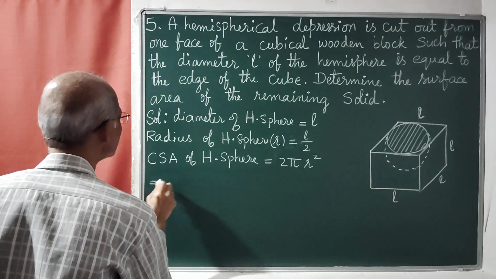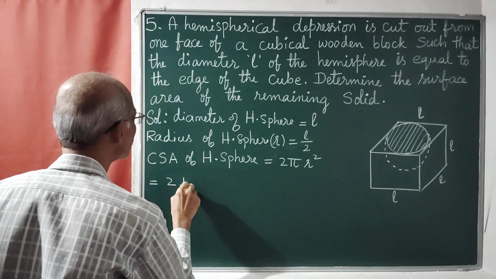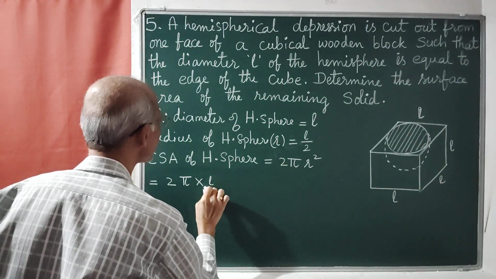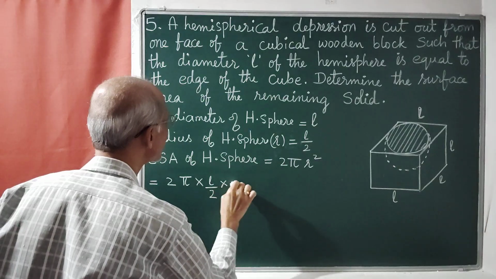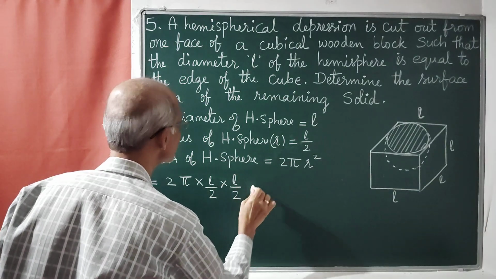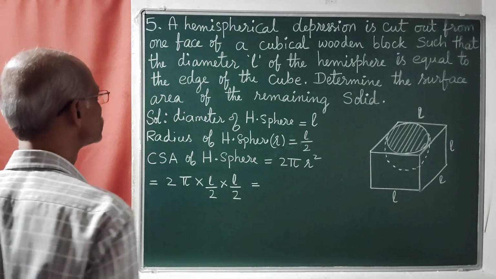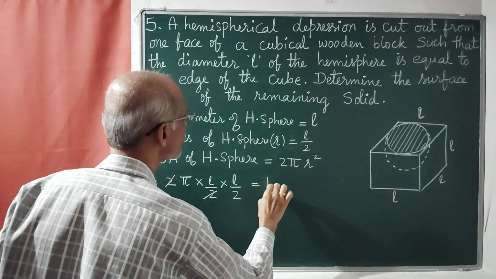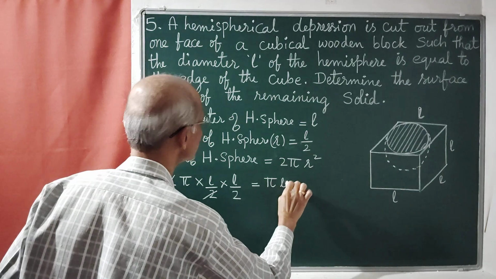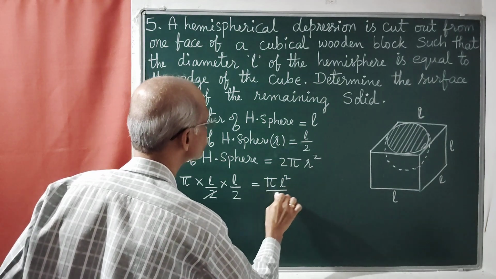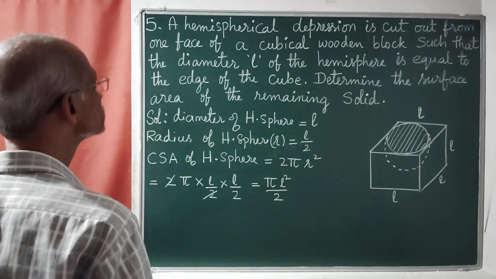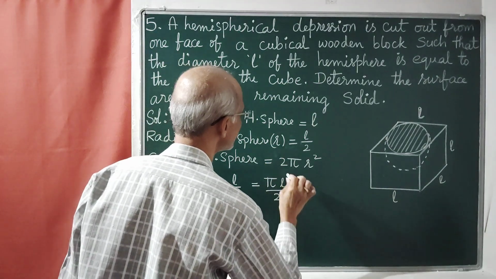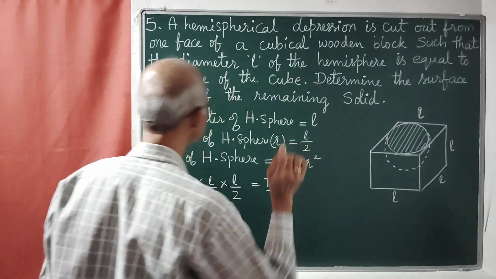That's equal to 2 pi into L by 2 into L by 2. So here one 2 will get cut off, and we'll get pi L square by 2. This is the CSA of the hemisphere, pi L square by 2.